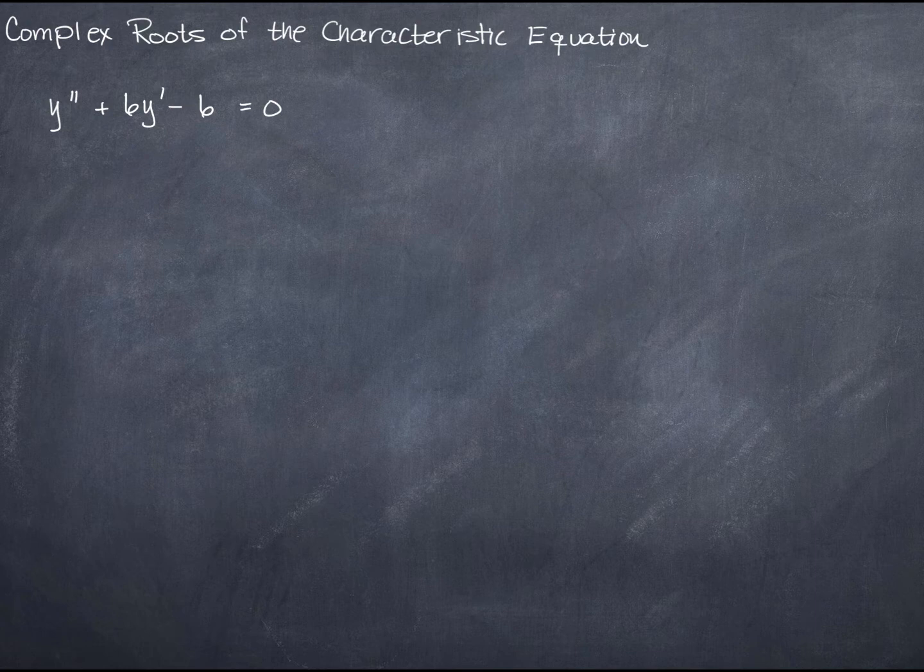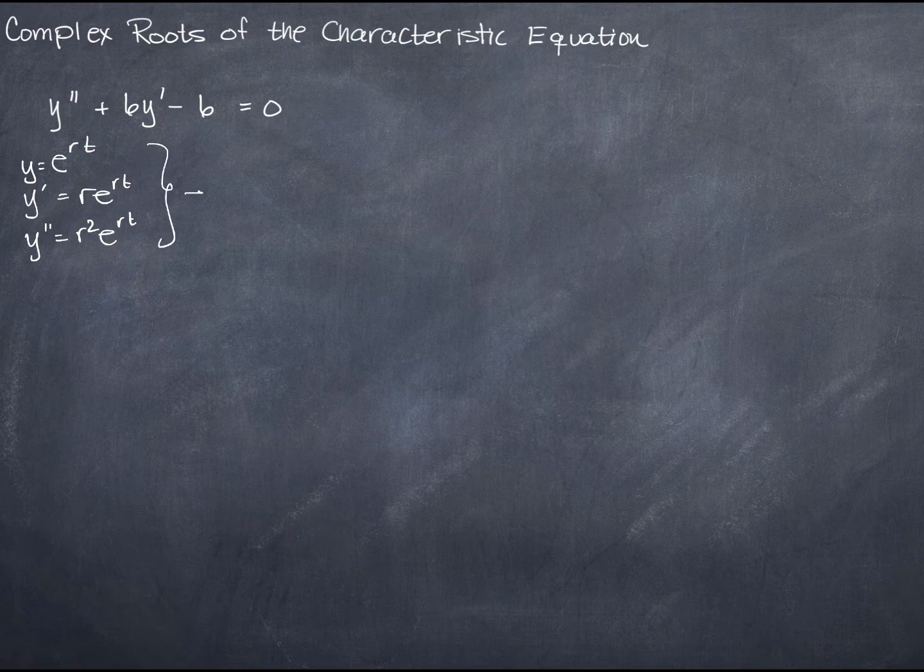We're going to solve this second order differential equation by using the fact that if a solution looks like this, if y equals e to the rt, then y prime is r e to the rt, and y double prime would be r squared e to the rt.